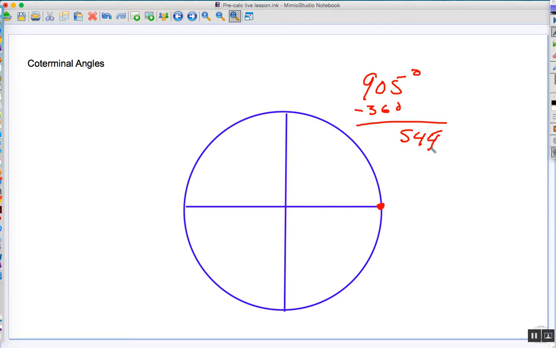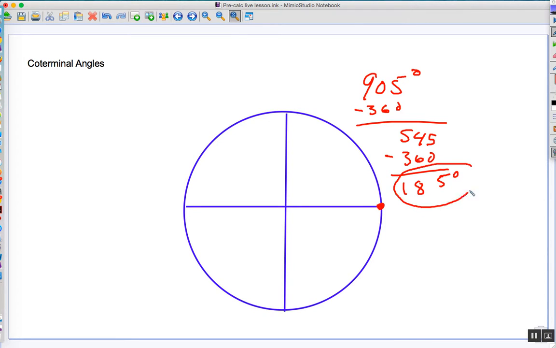Well, we're still not between 0 and 360, so we're going to go around again. So subtract 360 degrees. 545 minus 360 puts us at 185 degrees.